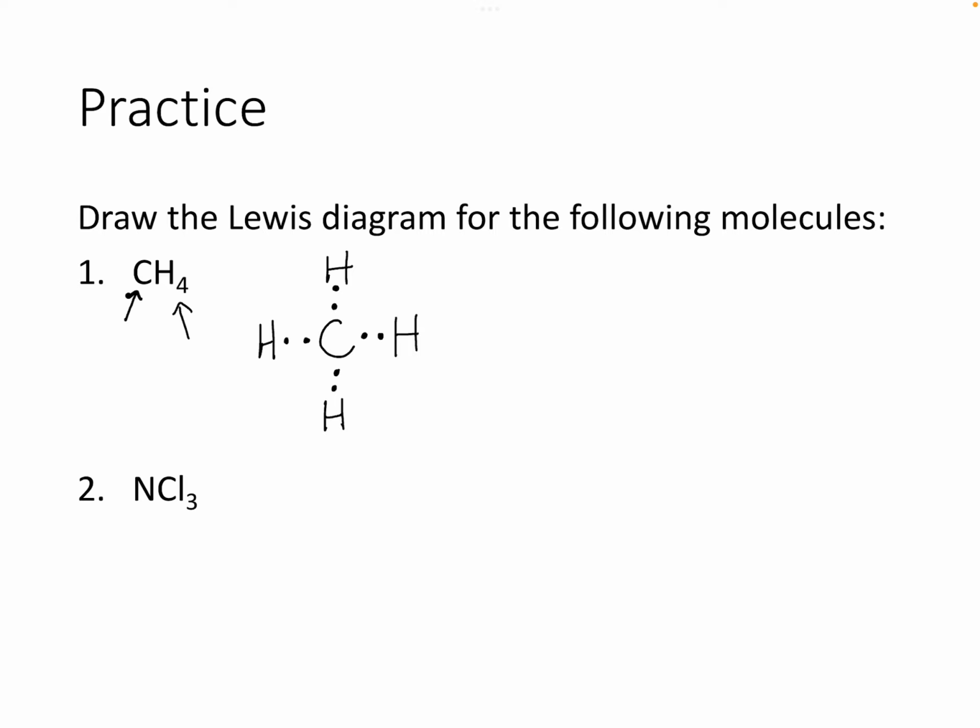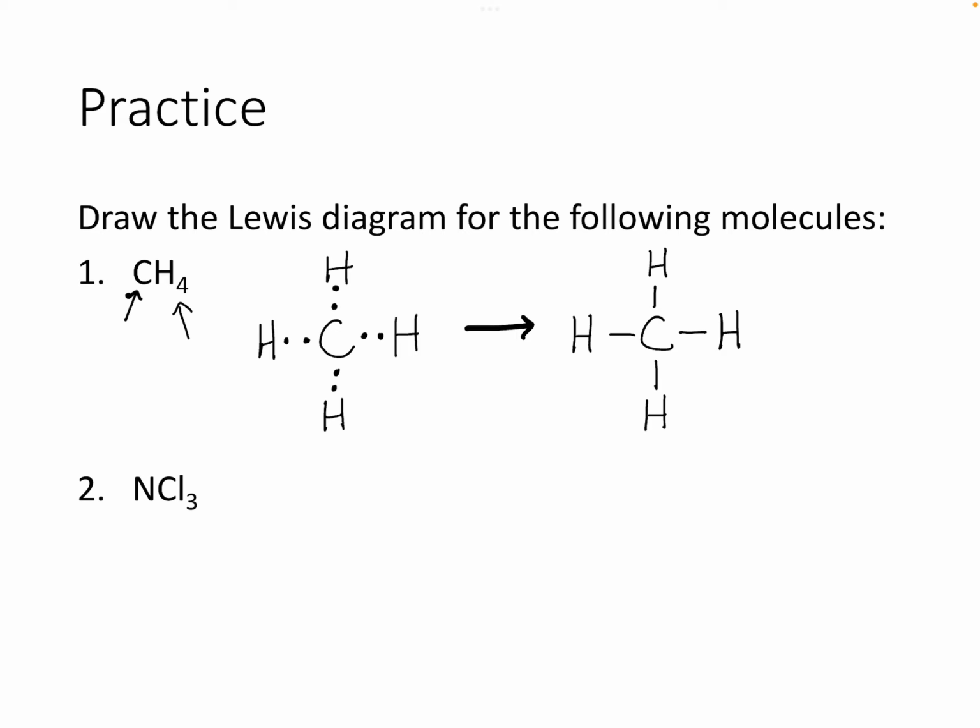Now, for these molecules, I've been drawing the electrons side by side rather than squished in the middle of the 2 atoms. That's totally fine. You can draw it that way. I don't mind. But remember, we could also draw each of those covalent bonds as lines. So that is our Lewis diagram for CH4.